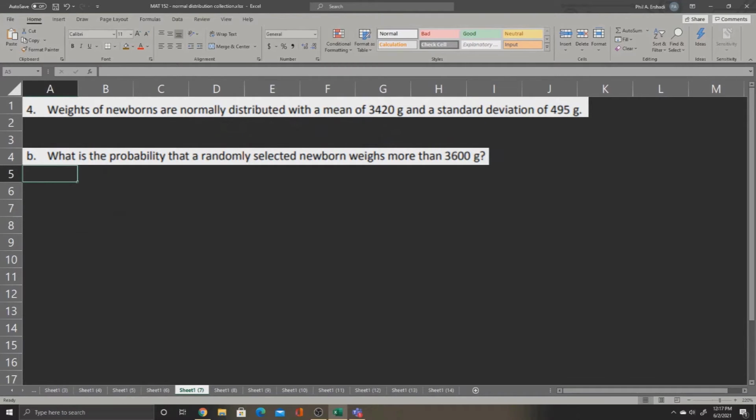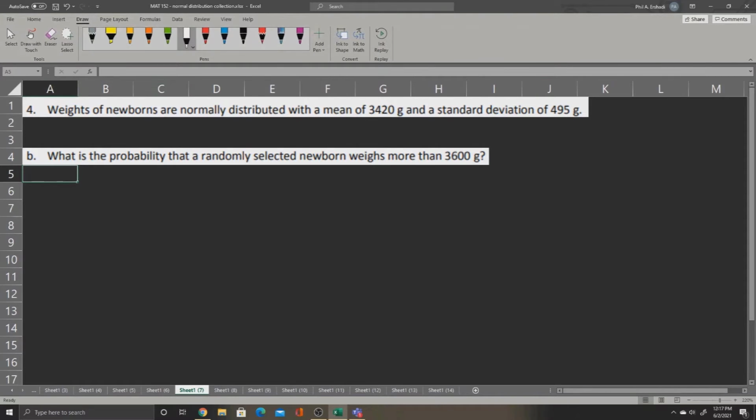Now, part B is a fairly similar question. They ask us for the probability that a randomly selected newborn weighs more than 3,600. Once again, we have a mean, a standard deviation, and this 3,600 is not a probability, it's an x value. Instead, they ask us to find the probability as the answer. So once again, we can enter the mean, standard deviation, and x value.